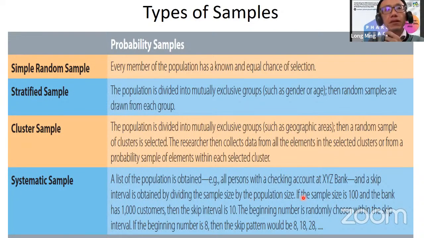You need to select, out of the whole population, a smaller group, which is your sample. You know that the bank has 1,000 customers, and after sample size calculation, you just need 100 clients. So 1,000 divided by 100, the interval is 10. So you stand at the entrance, and every 10th client that walks in will be your sample.